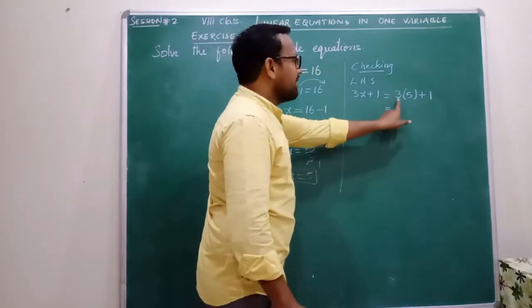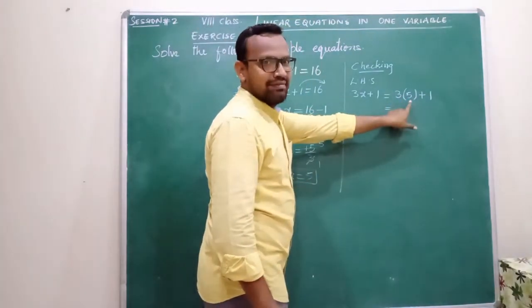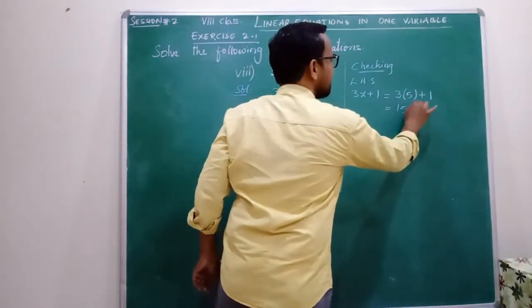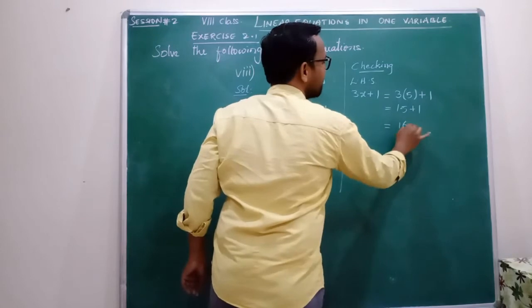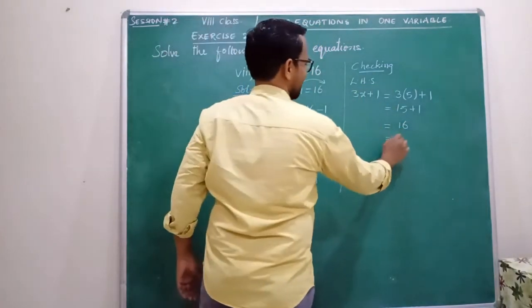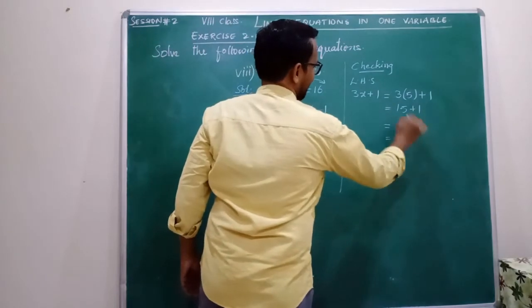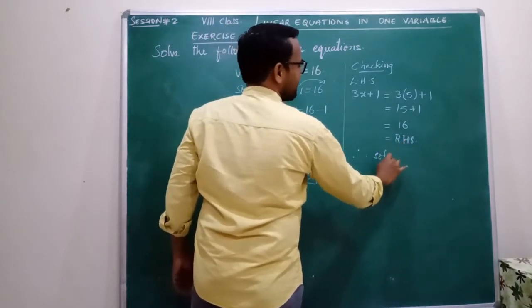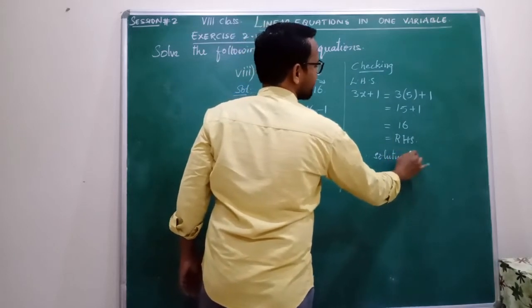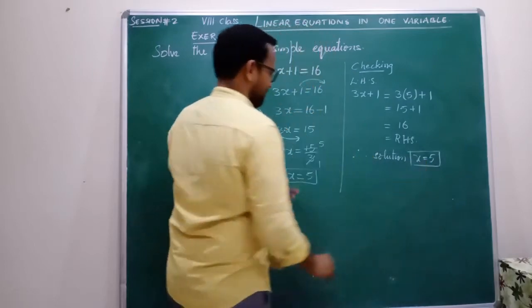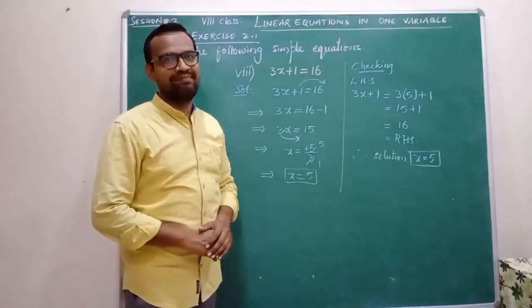Now 3 into 5, no symbol means multiplication. 3 fives are 15 plus 1. What is 15 plus 1? Yes, it is 16. Now 16 is the RHS. Great. Therefore, the solution is x is equal to 5. So this is our solution.